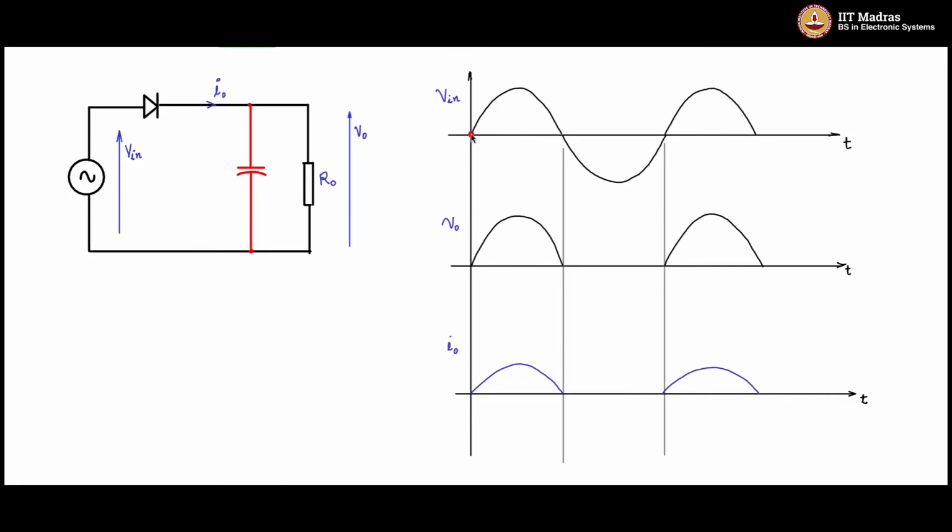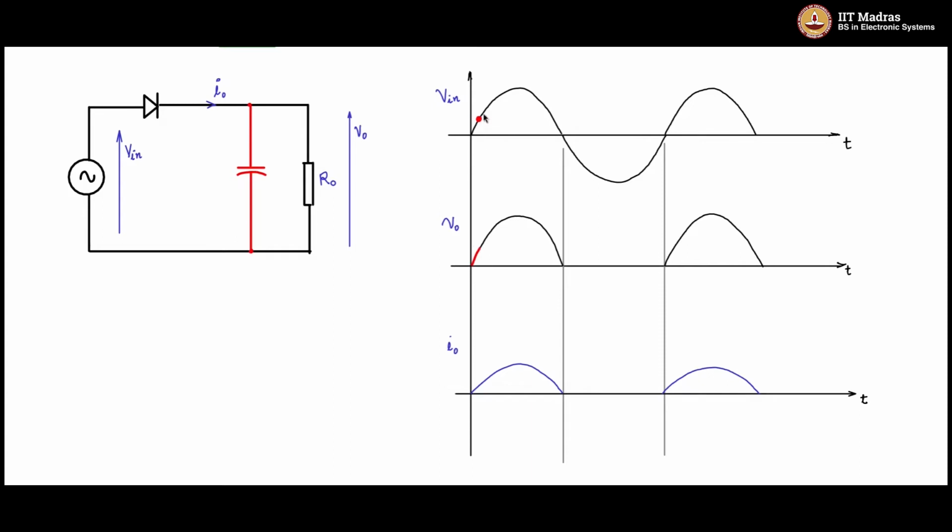When you are here at this point with respect to the input, the output is also 0. And let's say the input point moves, and in the first cycle the capacitor is not yet charged. As this voltage potential is moving up, this is always going to be lesser than this. The diode is forward biased and the capacitor voltage will follow the input. So it will follow in this fashion.